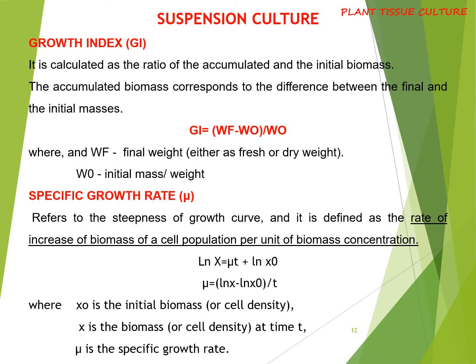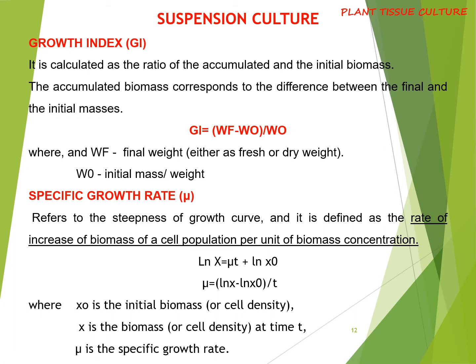The growth rate of the suspension culture can be measured by calculating the growth index and the specific growth rate. Growth index is the ratio of accumulated biomass to initial biomass.